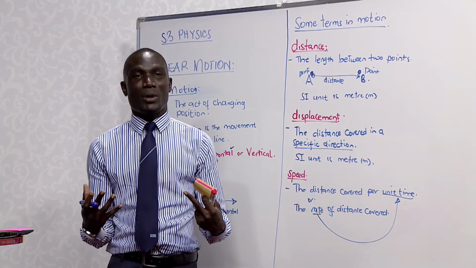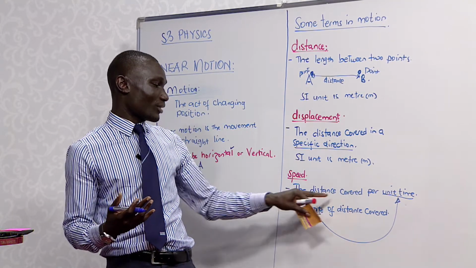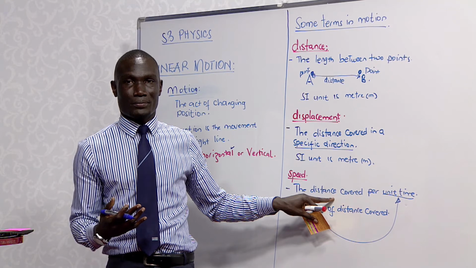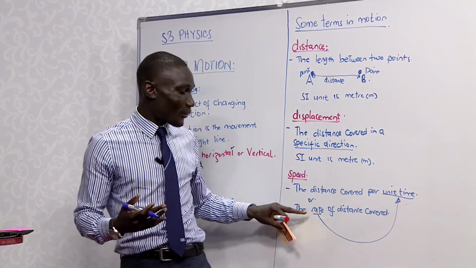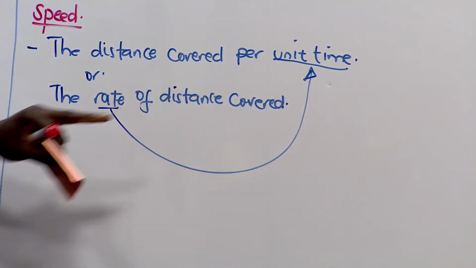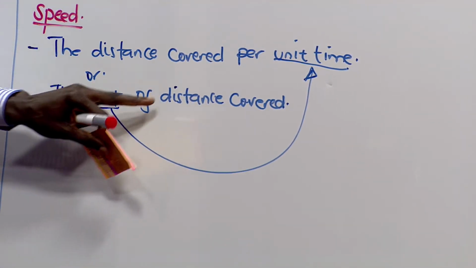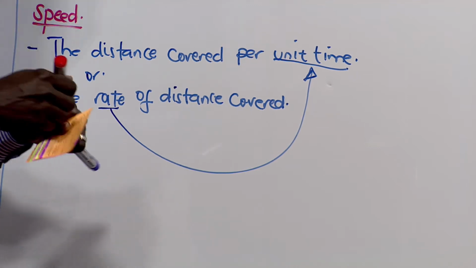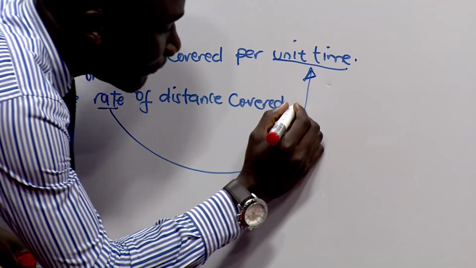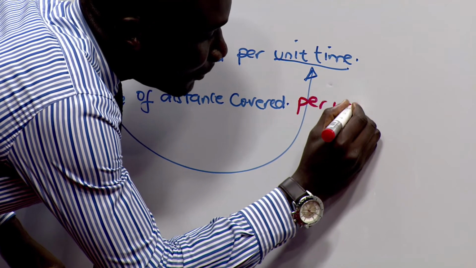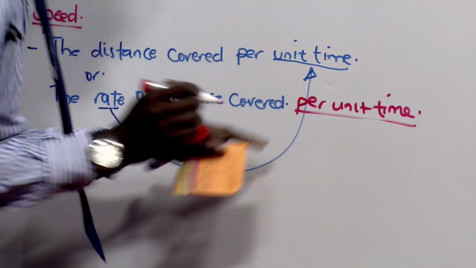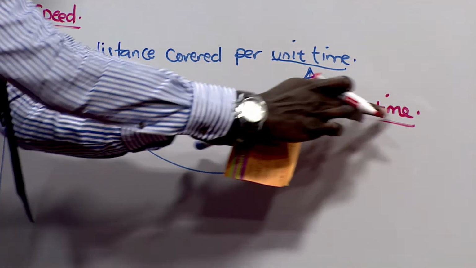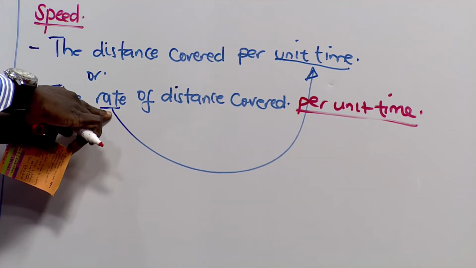If you want to talk about time, then don't bring rate, use the first definition: the distance covered per unit time. If you're using rate, then it is the rate of distance covered. If you say per unit time, this is wrong because you are now repeating the word rate.